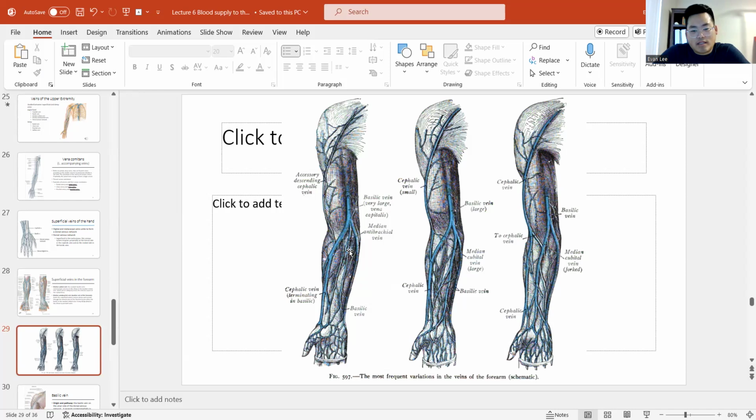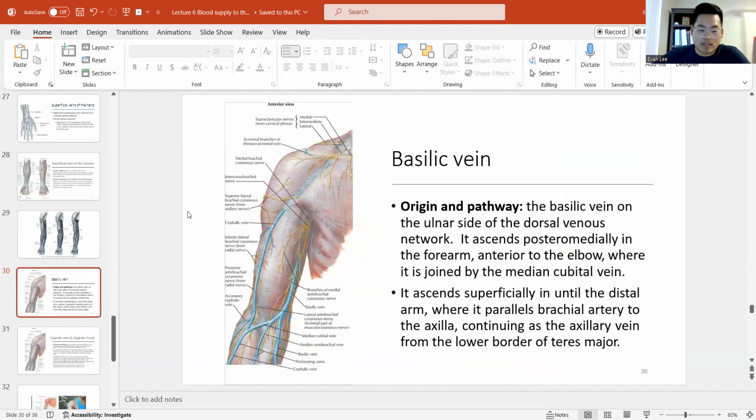And something I forgot to bring up as well is that veins, especially the superficial veins, can change form or get damaged even, because of their superficial nature. And that will cause irregular and different interconnections. And hopefully, no issues will arise from that. But I just want to show you these different variations of this region. So let's go ahead and keep on going to talk about the basilic vein now.